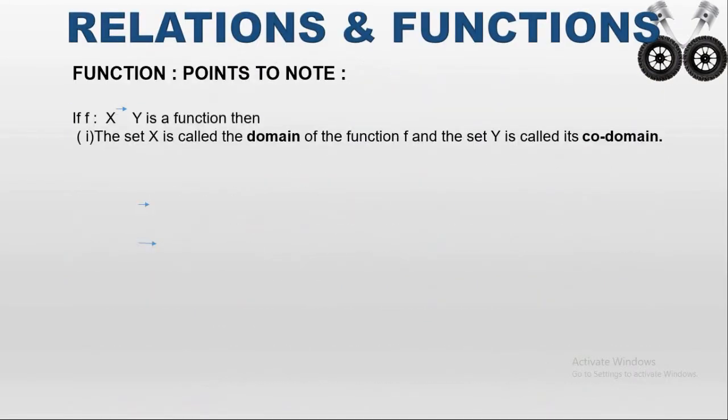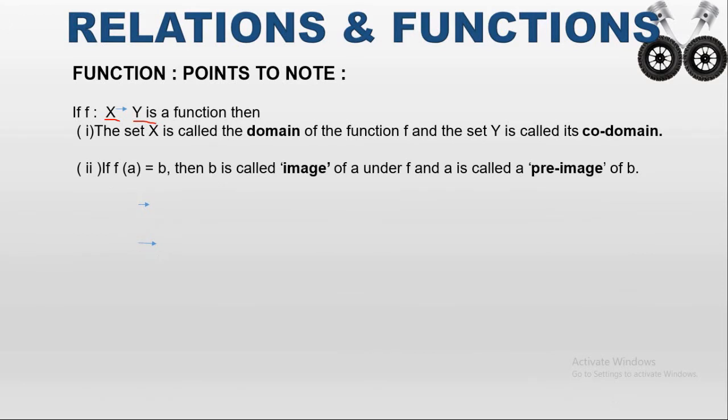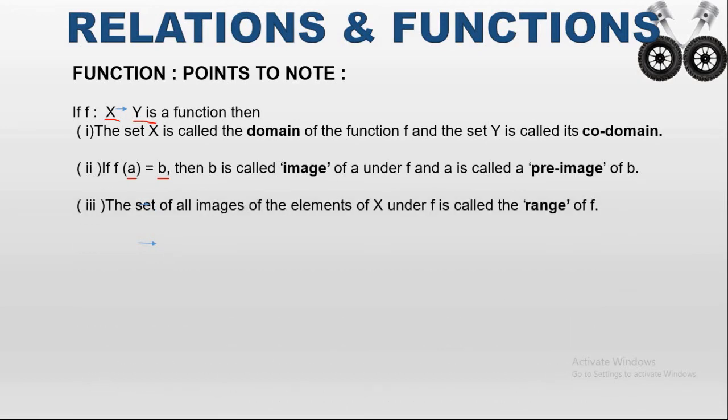Next are some points to remember while reading functions. If f is a function from x to y, then x is called the domain and y is called the codomain. Second, if f of a equals b, then b is called the image and a is called the pre-image of b.